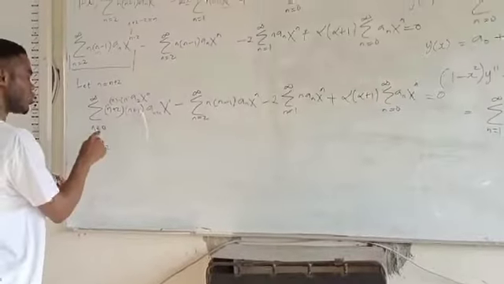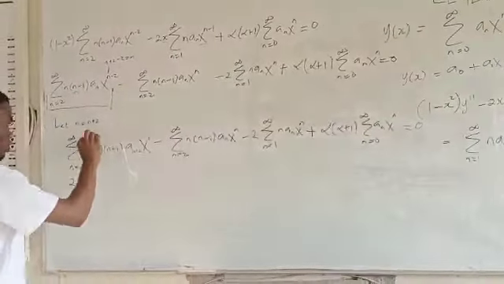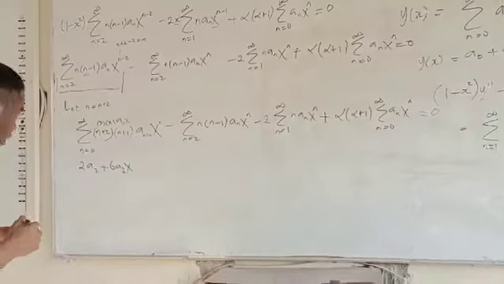Now, the next one is when n is equal to 1. So when n is equal to 1, what we have here is 1 plus 2, which is 3, and 1 plus 1, which is 2, and 1 plus 2, which is a subscript 3, and of course x to the power of 1. So by multiplication, 3 times 2 gives us 6, a subscript 3, and x to the power of 1 is x.